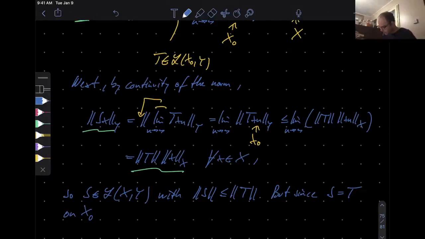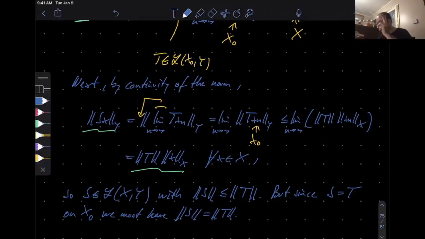So therefore we must have equality up there. We cannot have strict inequality. But since S is equal to T on X_0, we must have that the operator norm of S is equal to the operator norm of T. Okay, this was easy.